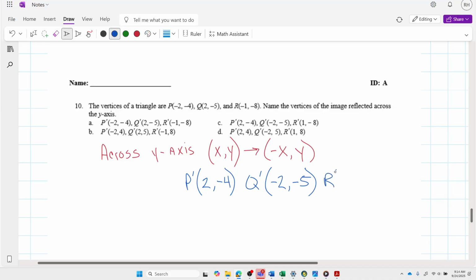And R prime, opposite of x, so positive 1, and y stays the same, so negative 8. So what do we got? If you look at A and B, you can eliminate those two because the x value at P prime is negative. So we need 2, negative 4. Answer choice C is the only choice with a positive 2 and a negative 4.